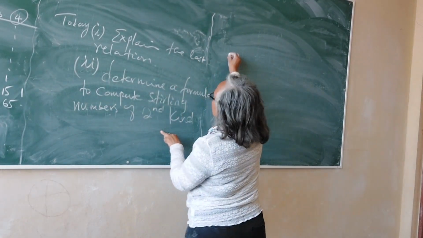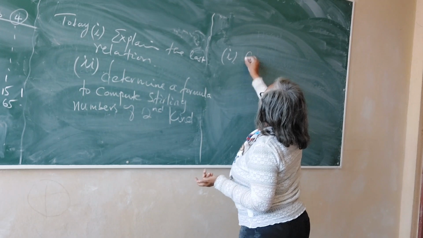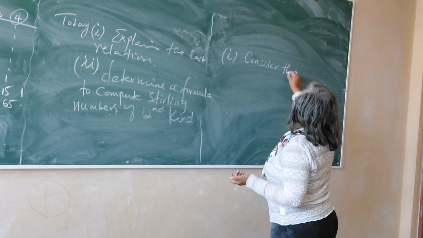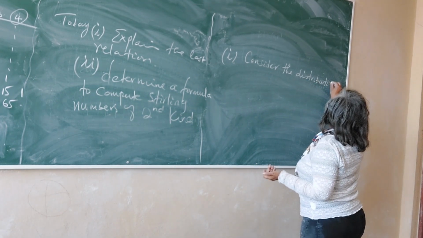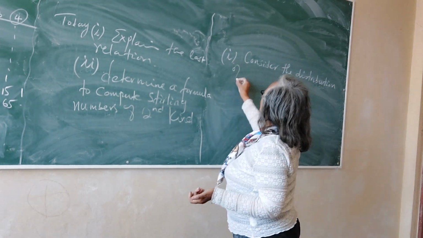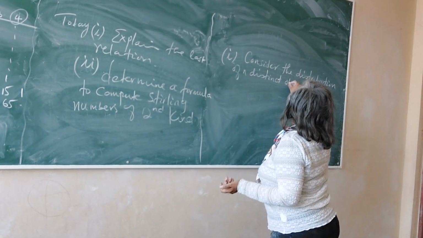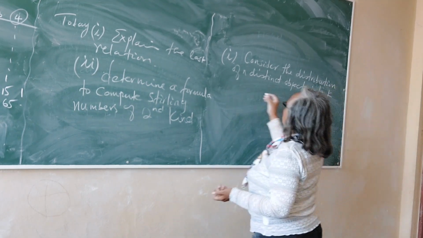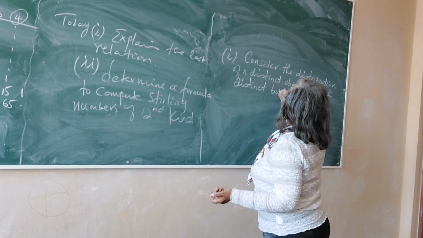So, the first one, consider the distribution of n distinct objects into k distinct boxes.